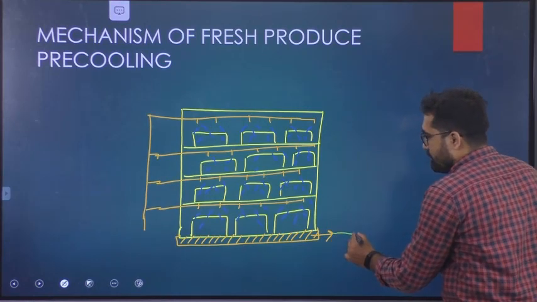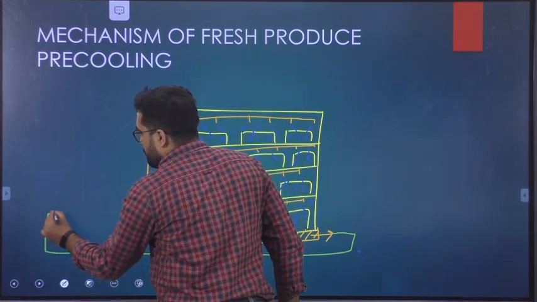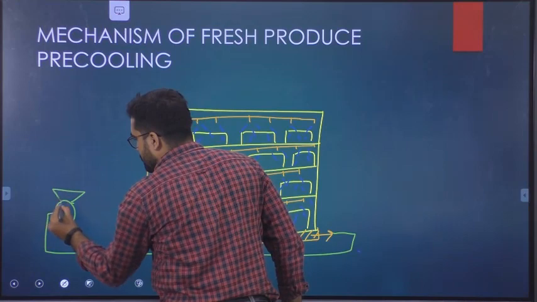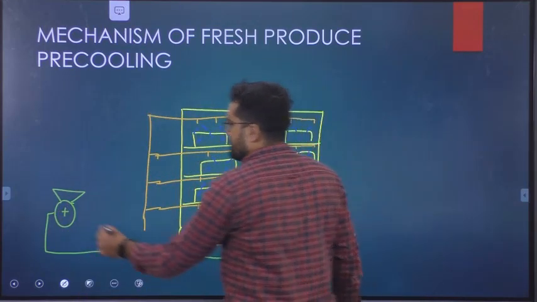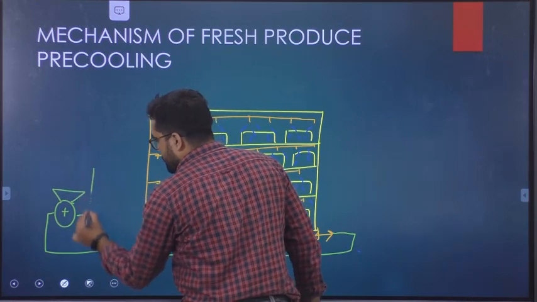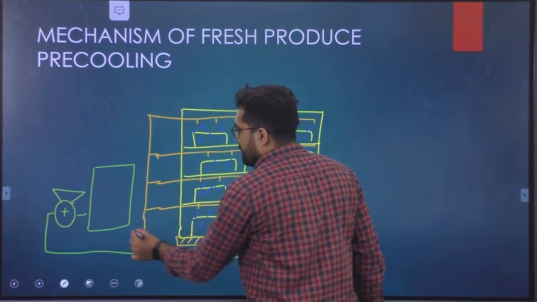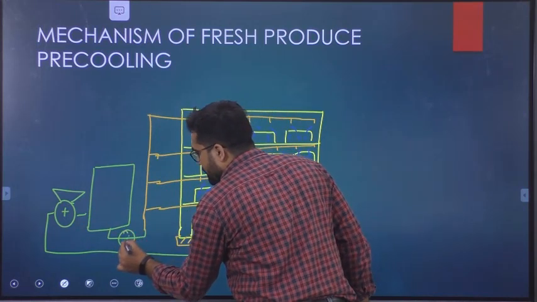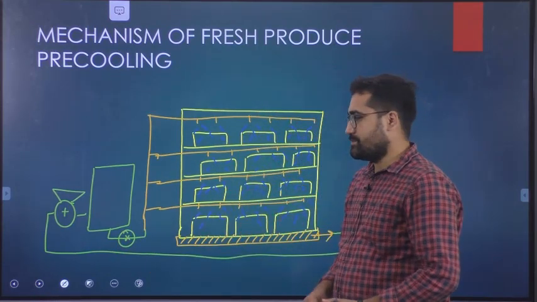is again fed to the pump. Cold water is again fed to the pump, and this pump is attached to the cooling system, and this cooling system is again attached with the pump or a motor, and then again this water is sprinkling to the system.